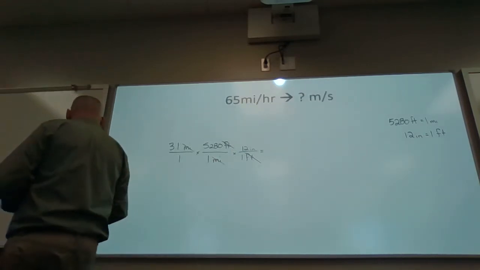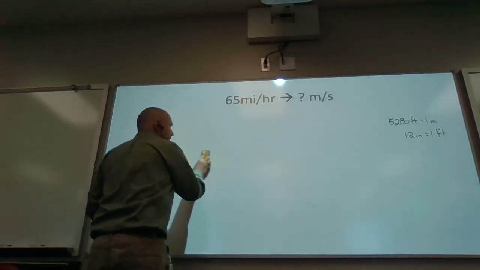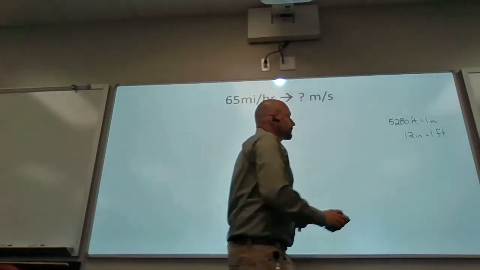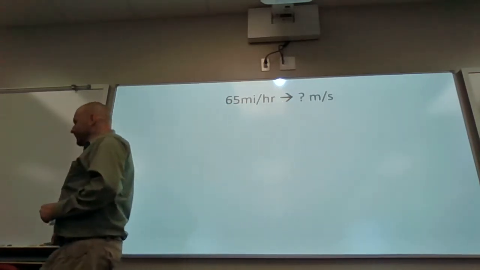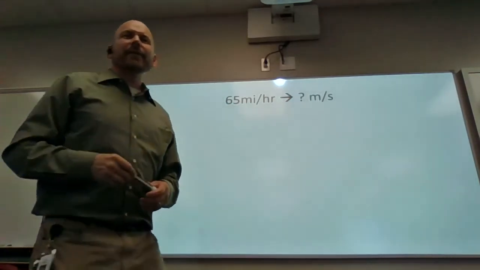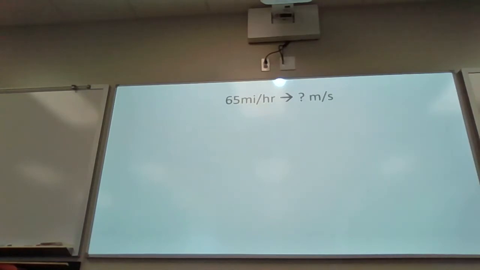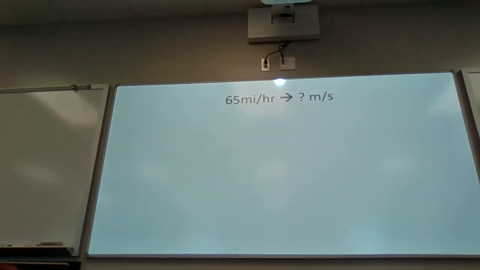All right, let's kick it up a notch. 65 miles an hour. We all have an intuitive feel for that, right? Like, oh, okay, conservative interstate speed. We don't deal with miles an hour in this class very much.